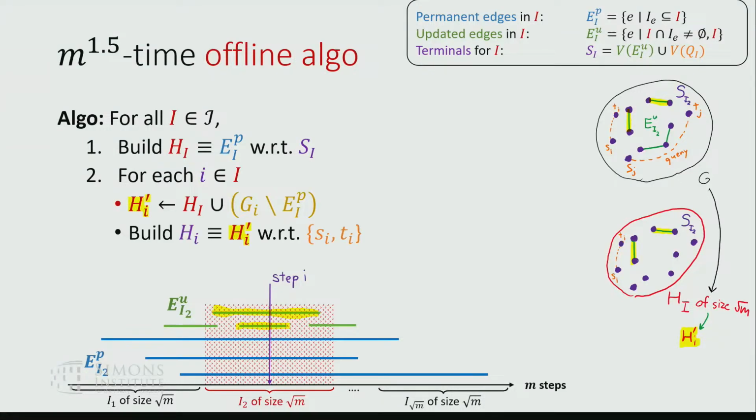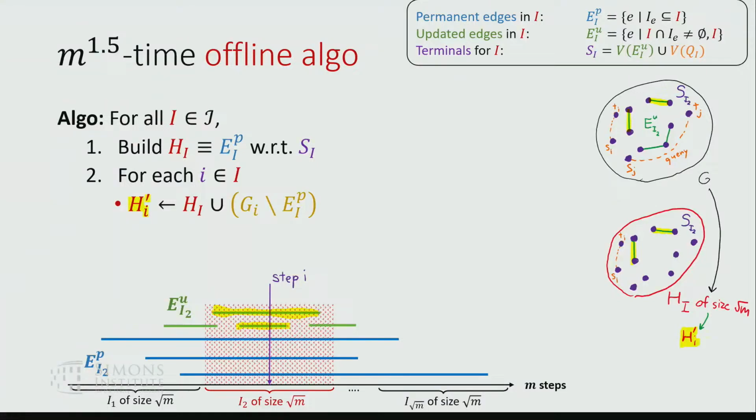So in the picture, you look at these edges, they are updated within this big interval. The green ones are updated in the green interval, but not everything is in G_i.